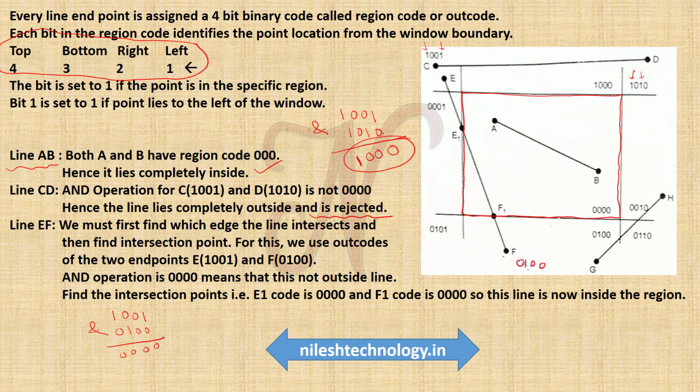Here we find the intersection points: this is E1 and the next intersection point is F1. We consider this line E1 to F1 and clip off the other sections. That's why this process happens.